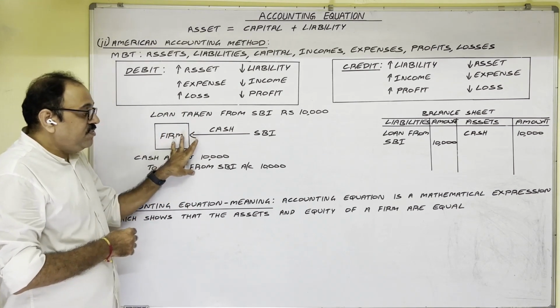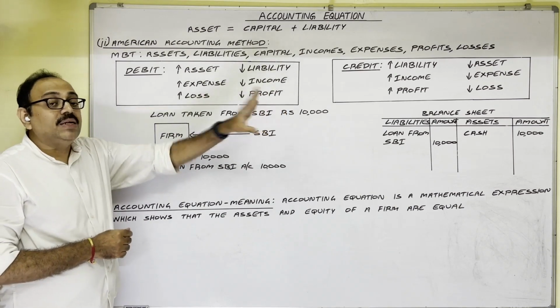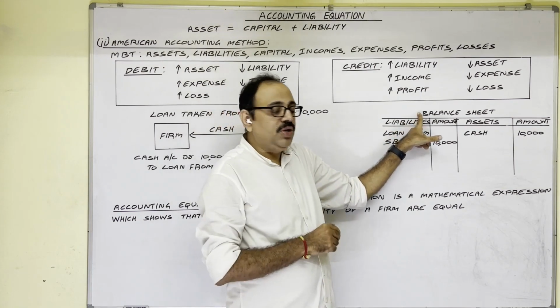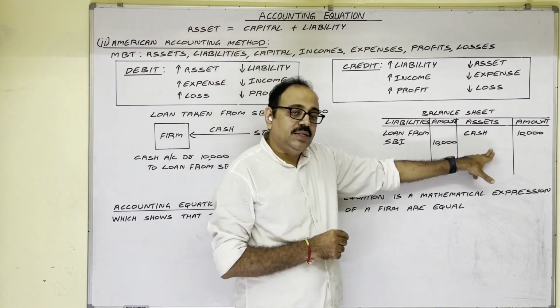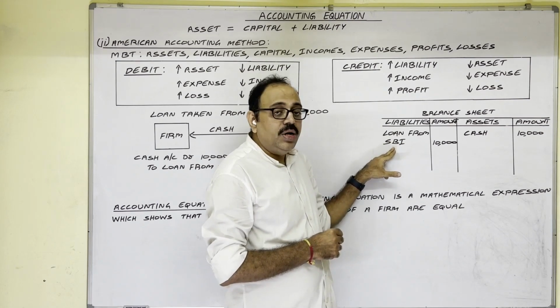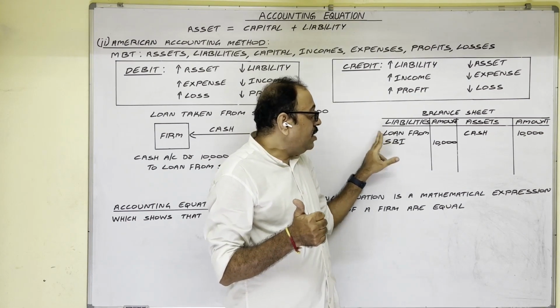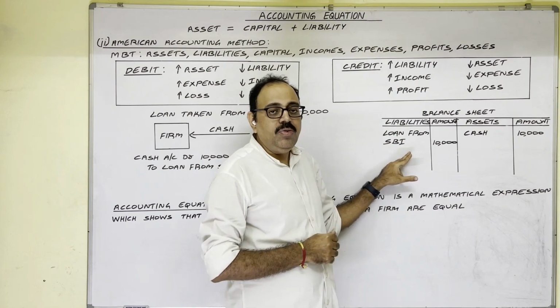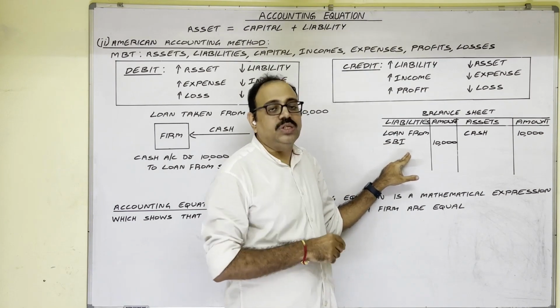And this transaction, how it affects balance sheet, let us see. Balance sheet is divided into two sides now, liability side, asset side. So liability side, what we record? Capital under liabilities. So owner's investment amount and loans taken from outsiders.